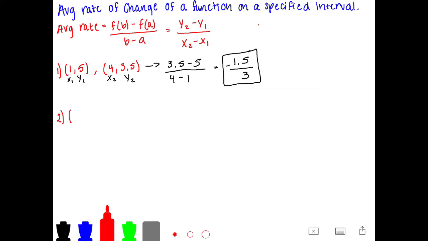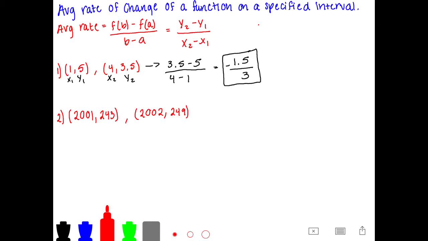Alright, so for the next problem, we're given 2001, 243, and 2002 and 249.